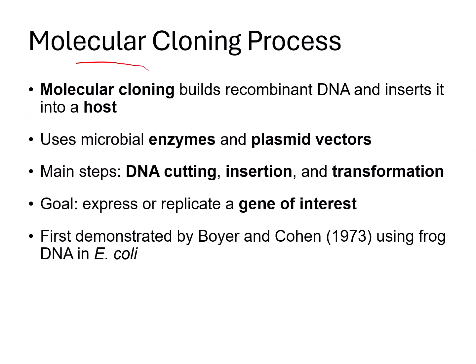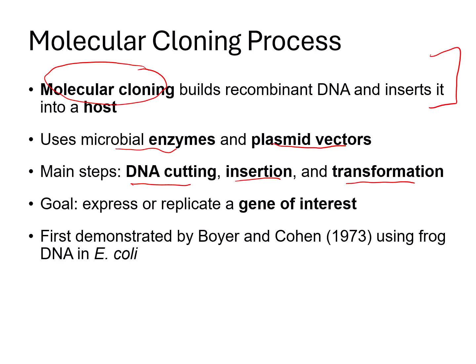Molecular cloning is a lab method that builds recombinant DNA and inserts it into a host. So that's basically the summary picture that I just showed you in the previous slide. It uses microbial enzymes and plasmid vectors from bacterial cells. The main steps are cutting DNA, inserting it into a plasmid, and then transforming that plasmid into a host cell.